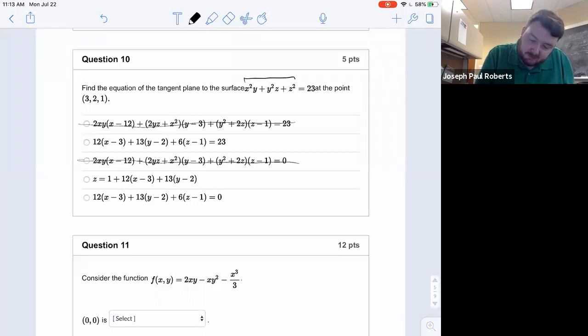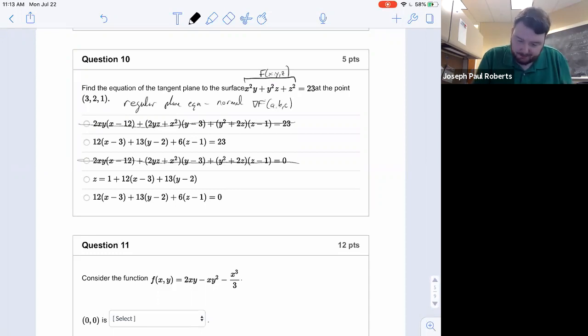So this is written in the form big F of x, y, z equals 23. And so you're going to use the regular plane equation with normal vector given by the gradient at whatever point we're talking about, and then the given point.